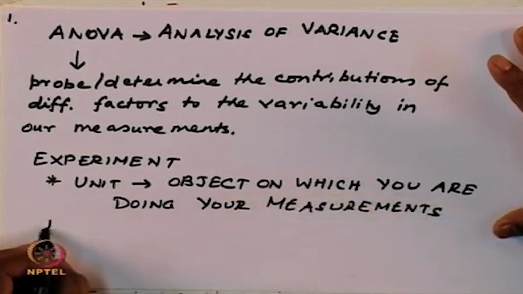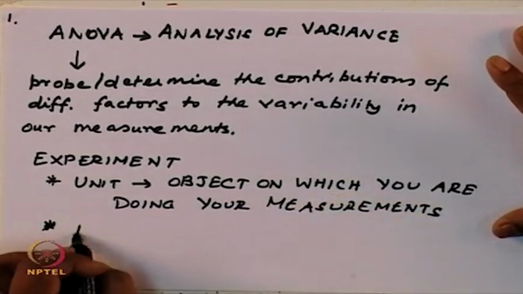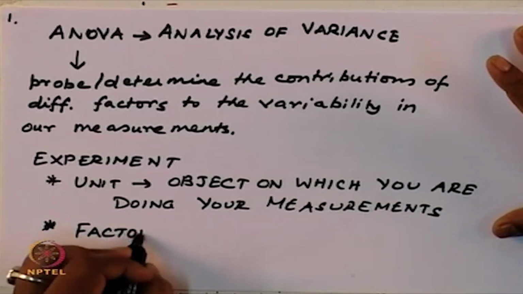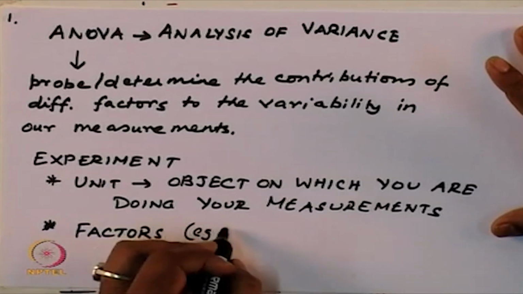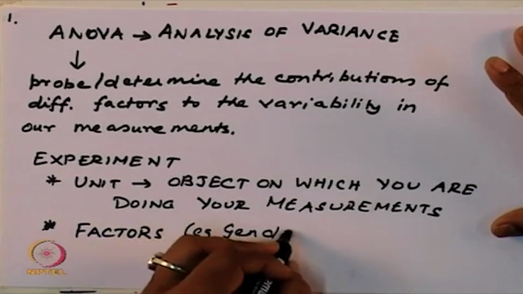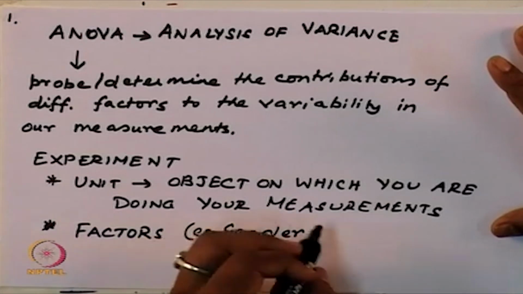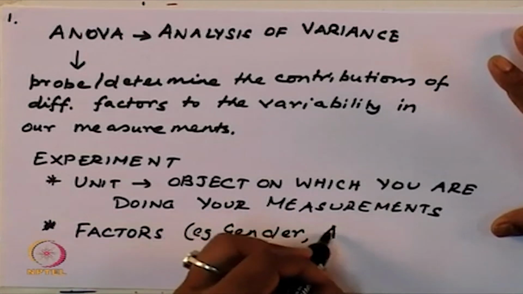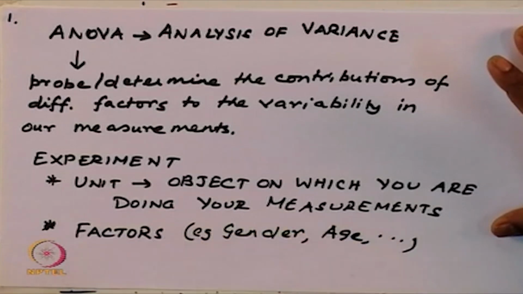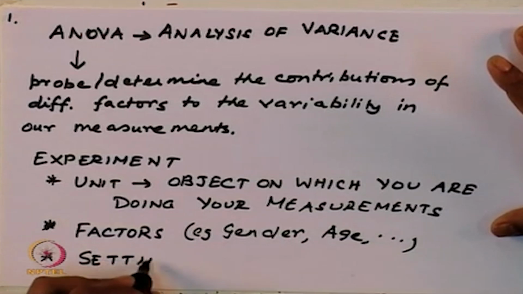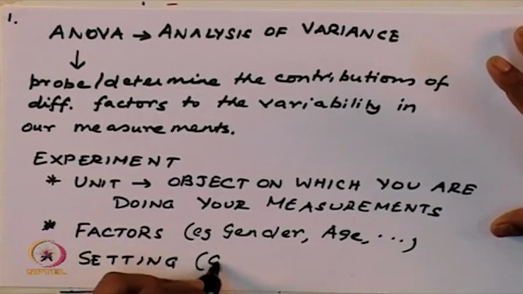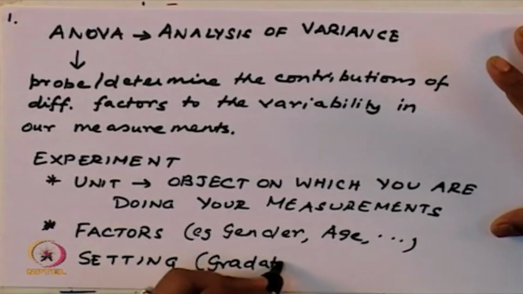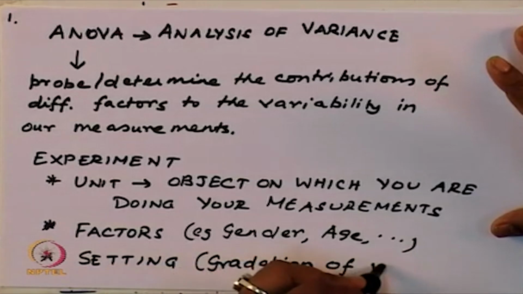You have your factors, for example gender is a factor, or let us say height, age can be a factor, and so forth. You have settings, which is the gradation of your factor.